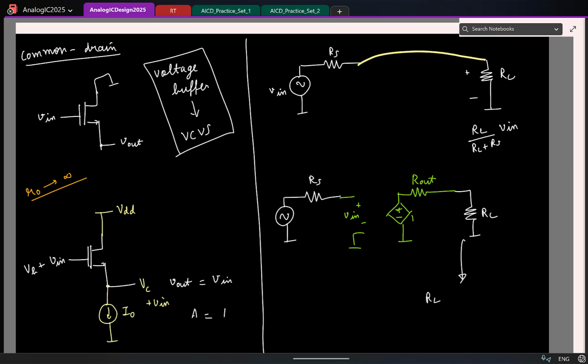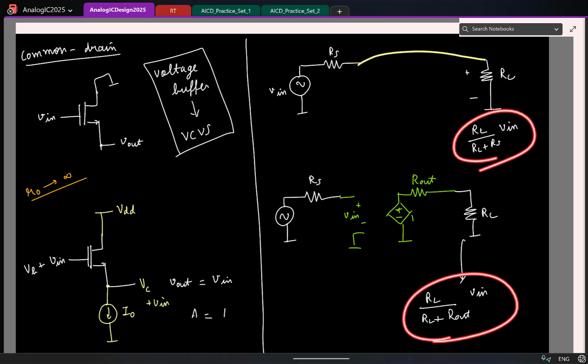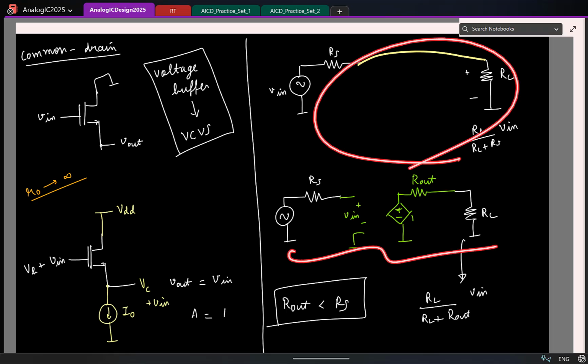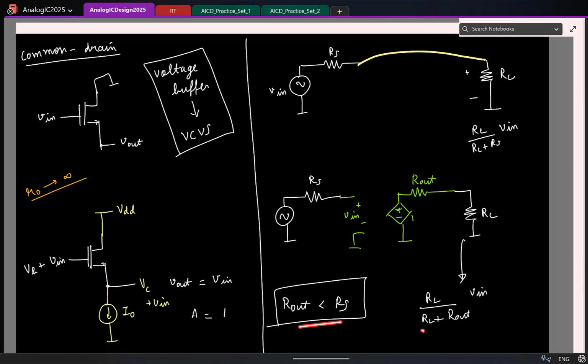RL upon RL plus R out. So I want this to be closer to 1 than this one. So R out should be smaller than what quantity? RS. Is it clear? So at least in this situation, if I ask you that this should be better than this, what is the limit on R out? R out should be smaller than RS. And ideally you want this to be equal to 0 or as small as possible.